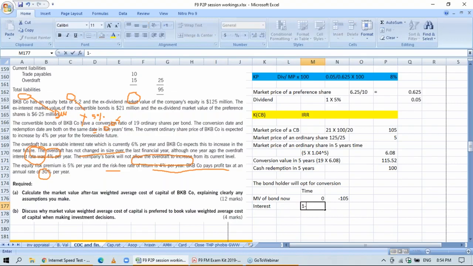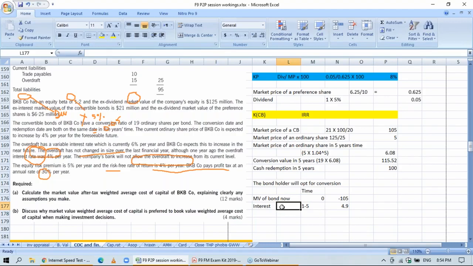The interest amount is going to be 100 multiplied by the rate, which is 7% on the bond, and there is a 30% tax. So after tax, he will be receiving 4.9 on each bond.